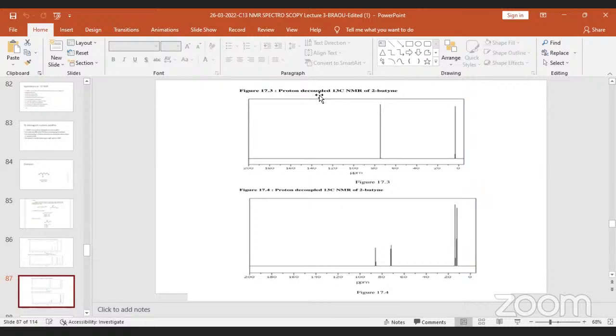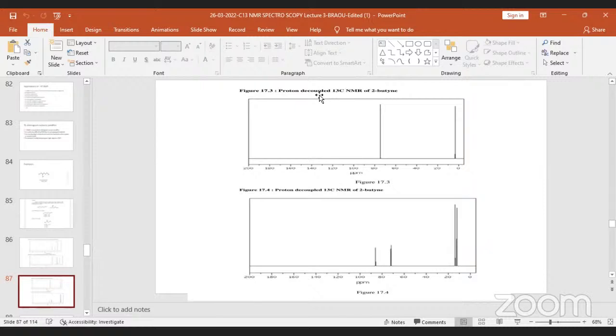Suppose somebody asks, the molecular formula is C4H6, and it gives 2 signals in proton decoupled C13 NMR, and a quartet and a singlet in SFORD, what is the structure? Then the structure is 2-butyne.